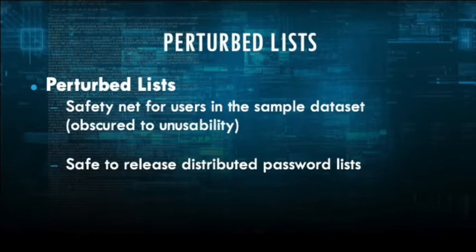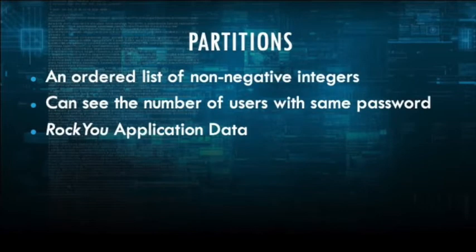Besides requiring safety for our data to be used, we also have to have a way to use that data. A frequency list is partitioned by frequency of password use. A partitioned list is an ordered list of non-negative integers. It is useful to organize lists into partitions in order to see the frequency with which passwords are being used.